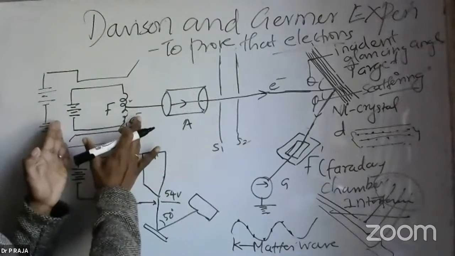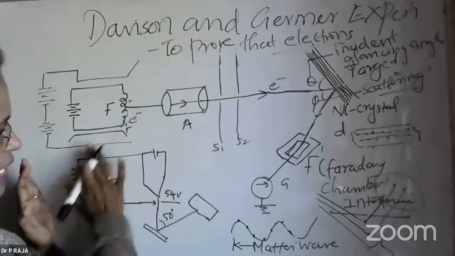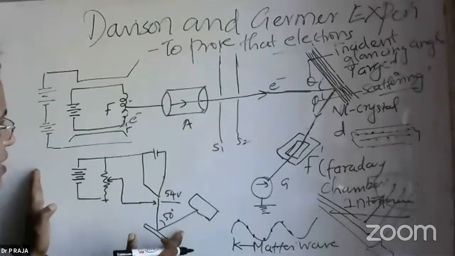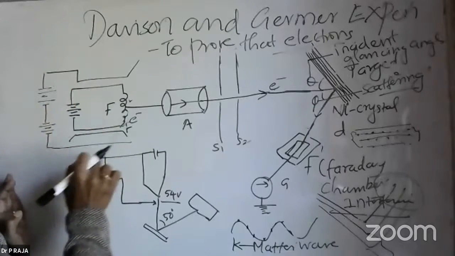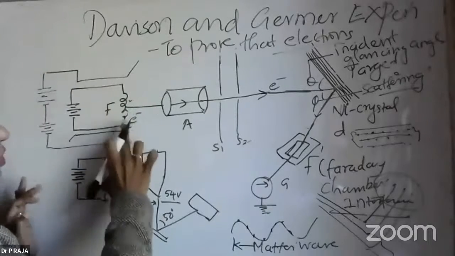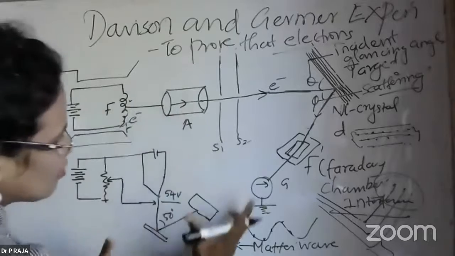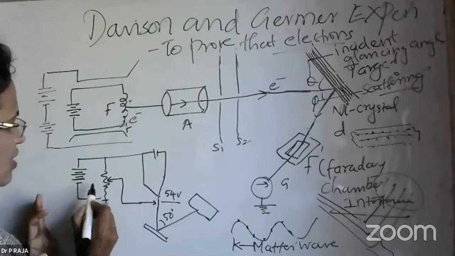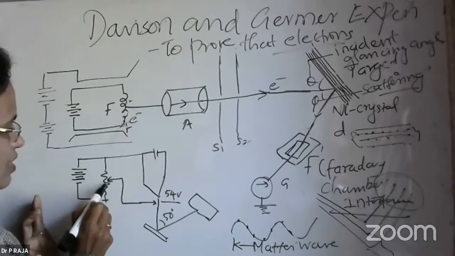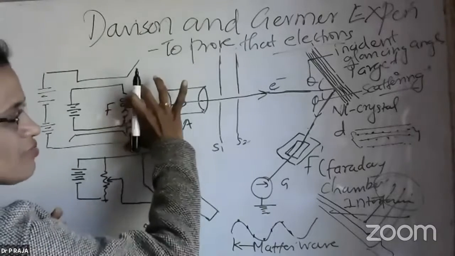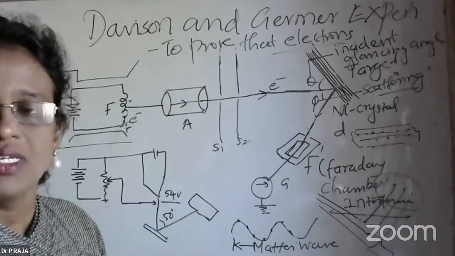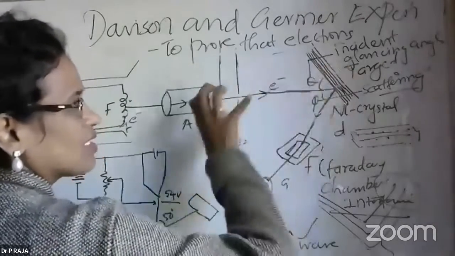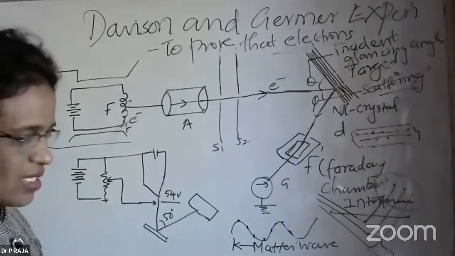This is thermionic emission. This is another diagram which I have drawn. In this setup, up to the emission part, the experimental setup was slightly modified, and you will find that there is a rheostat here and a potential. Whenever a potential difference is given to the electron, the electrons will be attracted towards this side and they can fall easily on the target material.